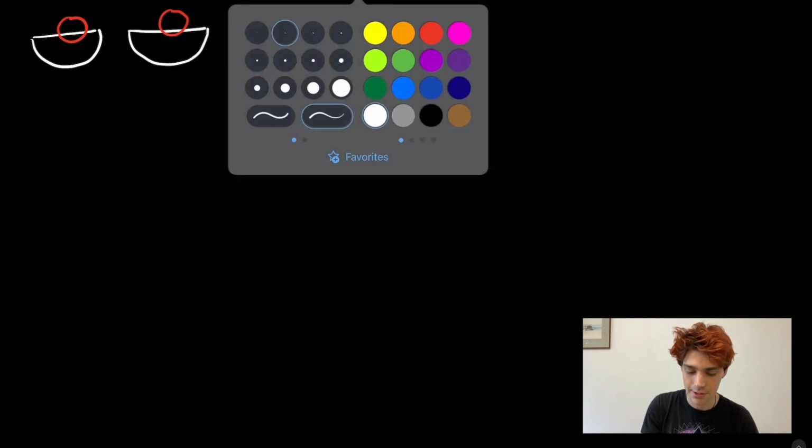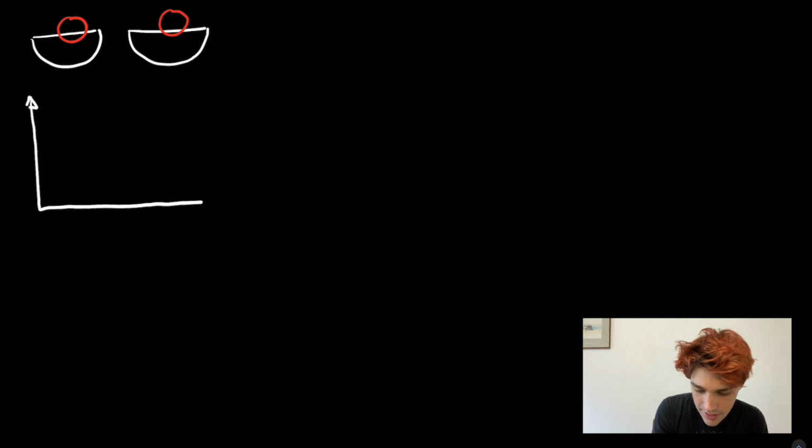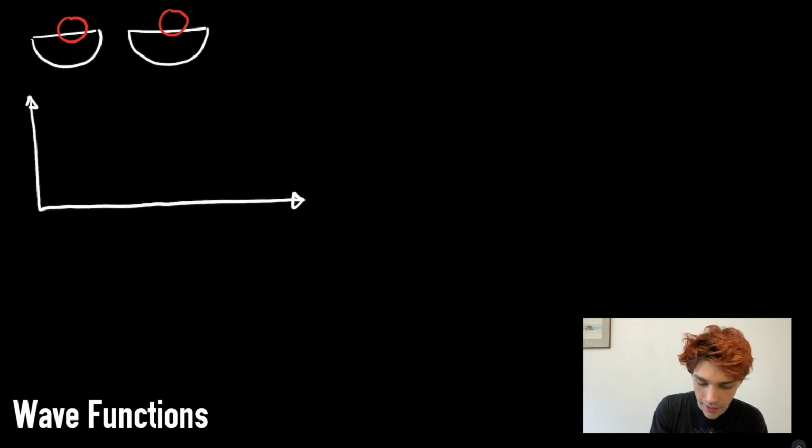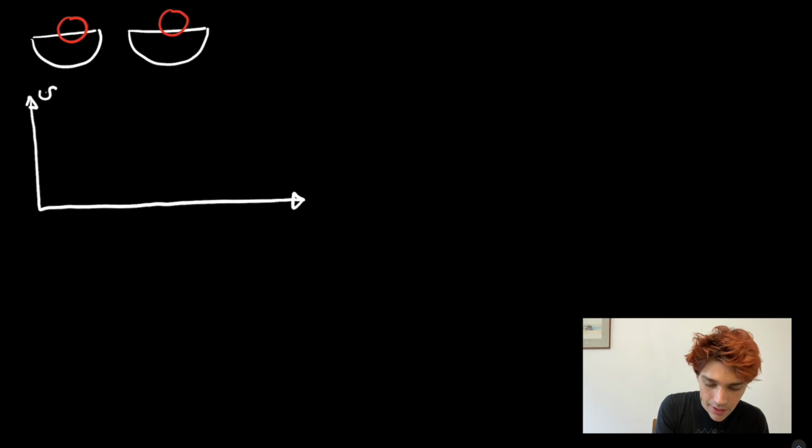Now, the quantum effects come when we consider particles as indistinguishable. So this latter case right here is the indistinguishable case. And how we actually describe particles in quantum mechanics is with wave functions. Now, you have probably come across the idea of a wave function before.